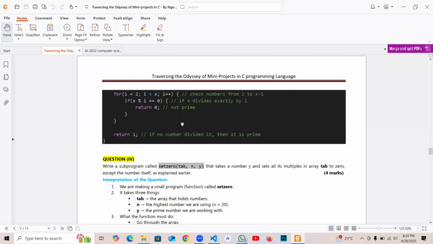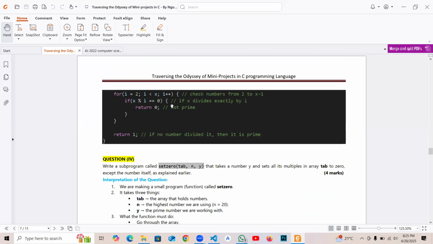Here's the program that I wrote. I say, okay, for i equals 2, less than the number we are looking for, we increment. And then if the array at this position modulus i is equal to 0, then it is divisible exactly by i, so we return 0 because it's not a prime number.